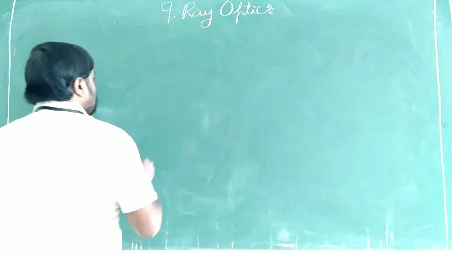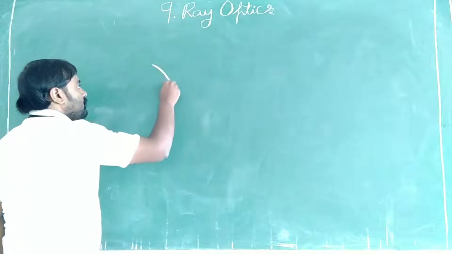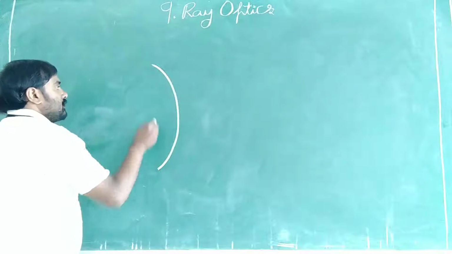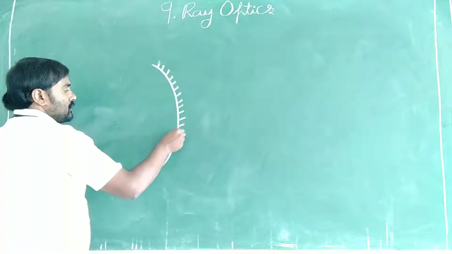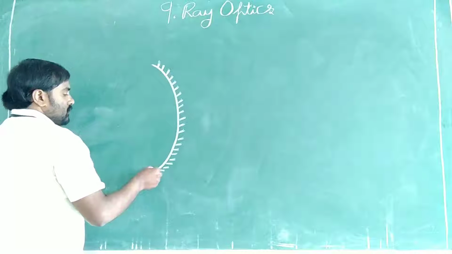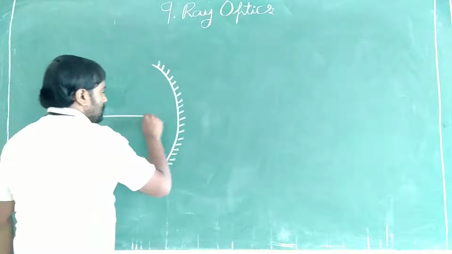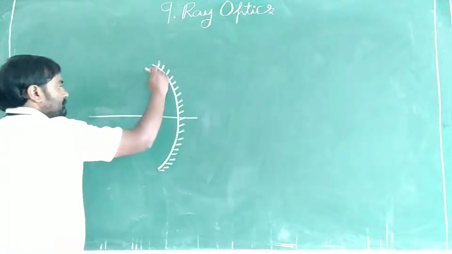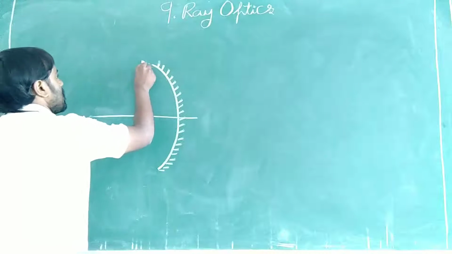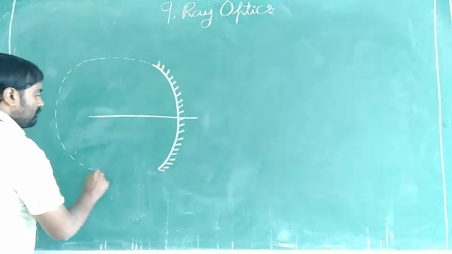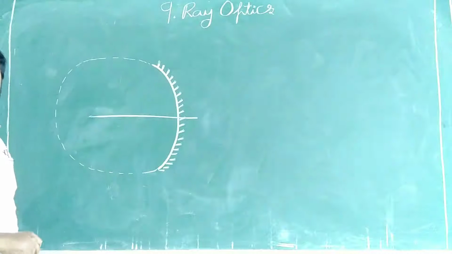Okay, so what is the meaning of concave mirror? Concave mirror means silvered on the inside, opaque portion on the outside. So the light gets reflected from the inside surface of a part of a hollow sphere.